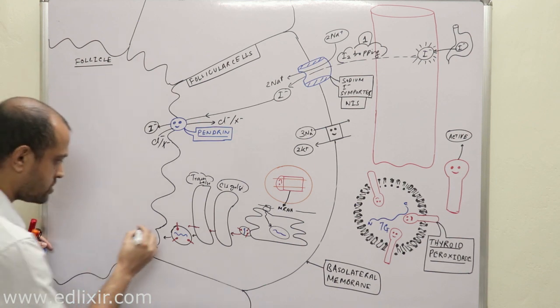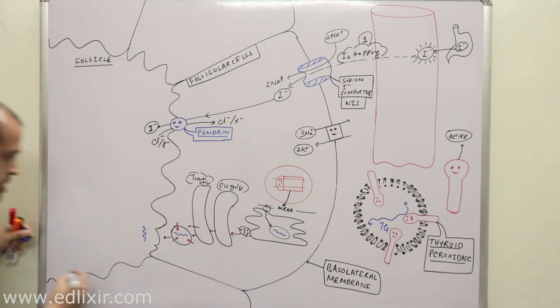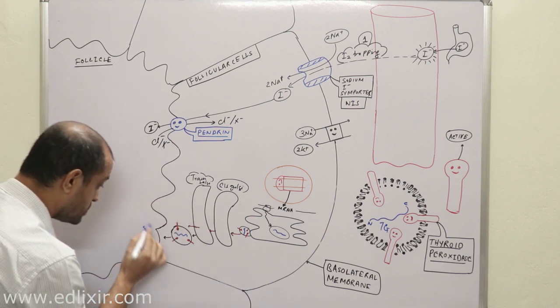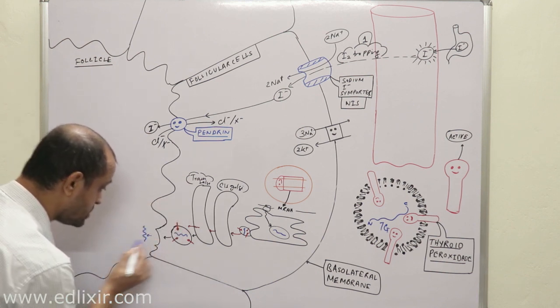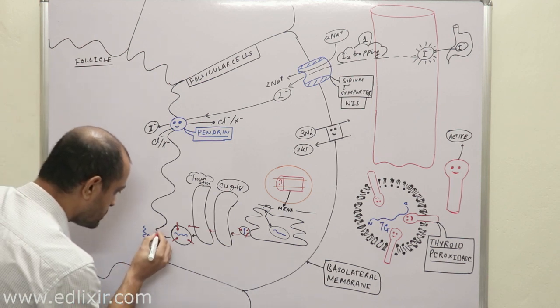I am drawing a short thyroglobulin molecule because I will be drawing a larger part of the thyroglobulin here. This large thyroglobulin molecule will be released.